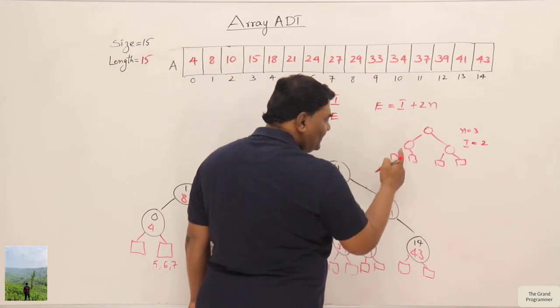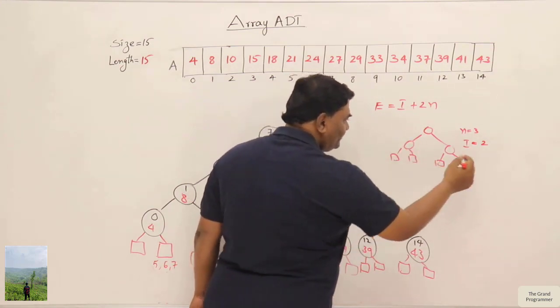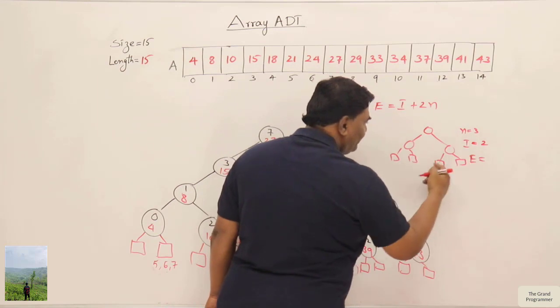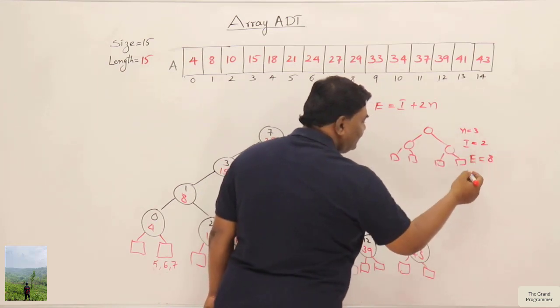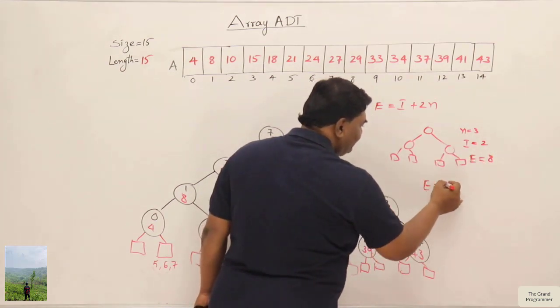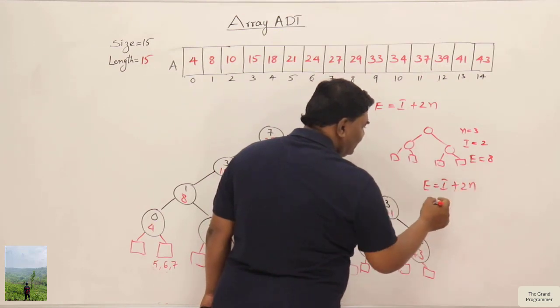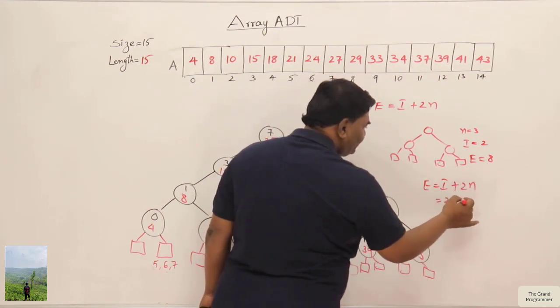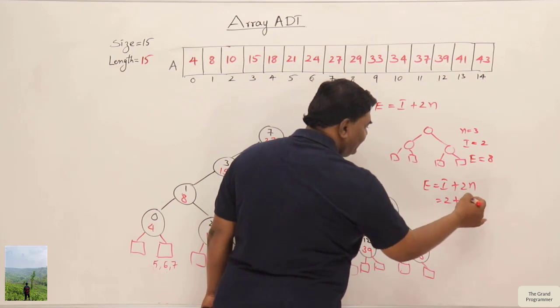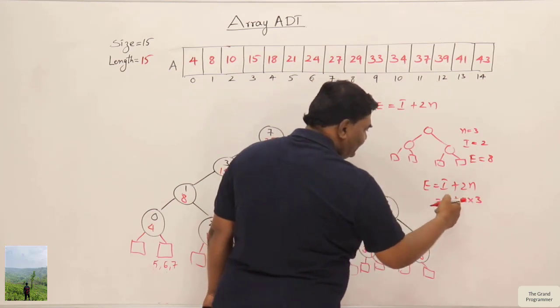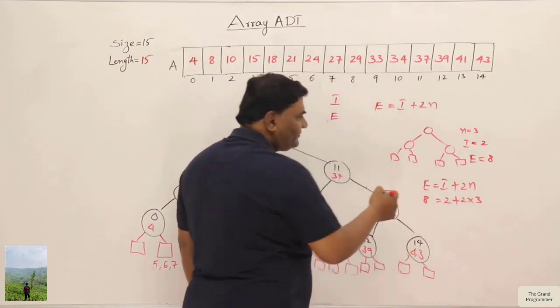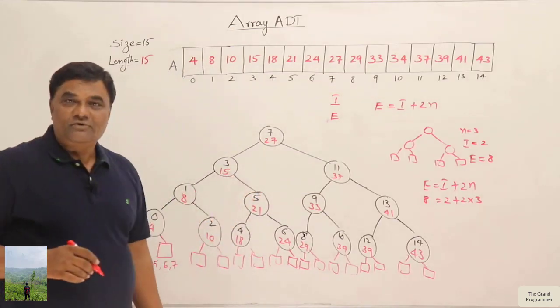For this also 2. So there are 4 nodes whose path is 2. So this is 4 into 2, that is 8. So E is equal to I plus 2n. So this is 2 plus 2 into the number of nodes, 3. So 2 threes are 6 plus 2, that is 8. So here with an example I have proved it.